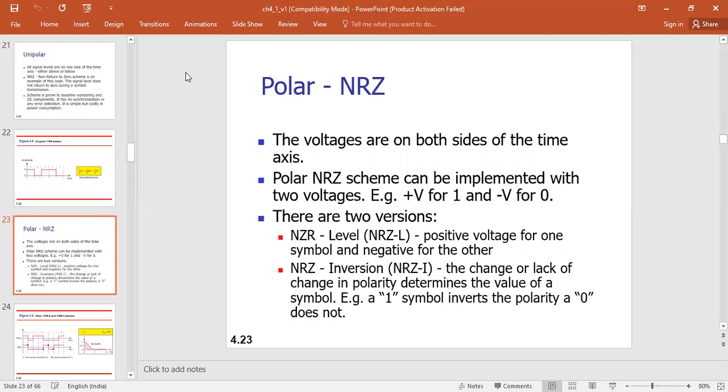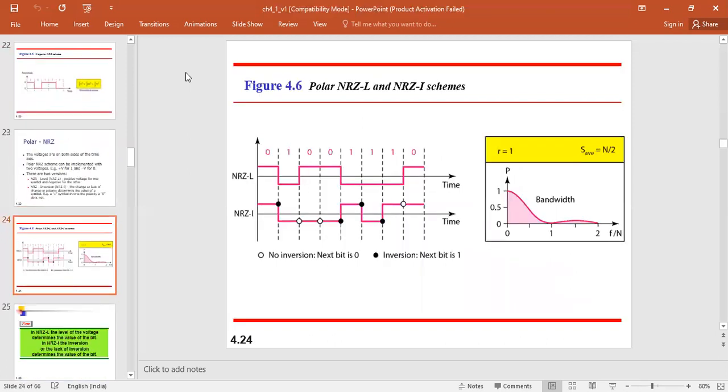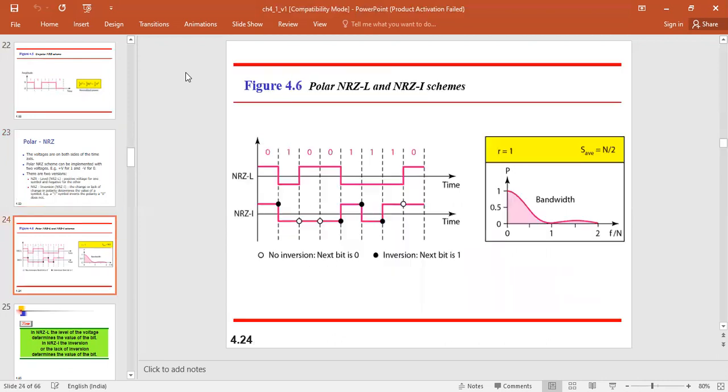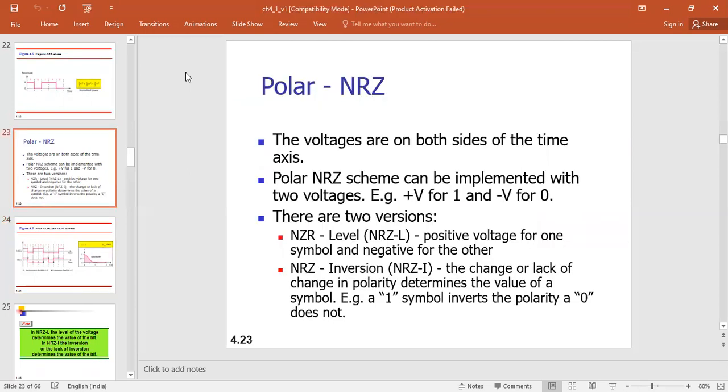So in the NRZ encoding scheme, if you see, this is the NRZ-L, the first one. In NRZ-L, it is on both sides. You can represent it both ways: positive for 1 and negative for 0, or sometimes negative for 1 and positive for 0.